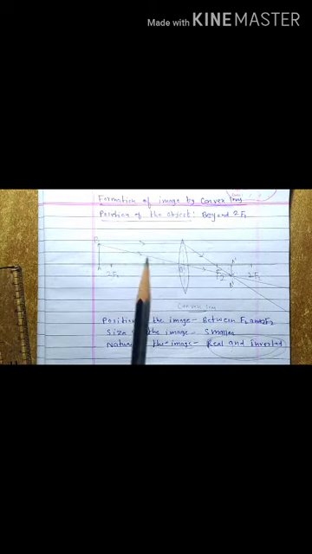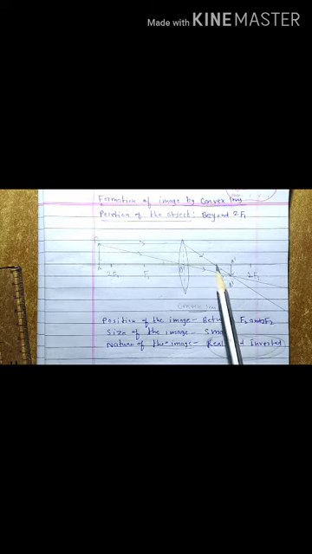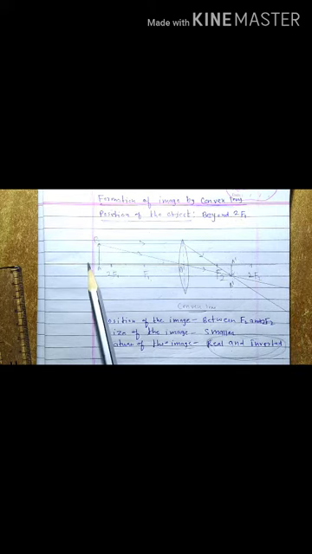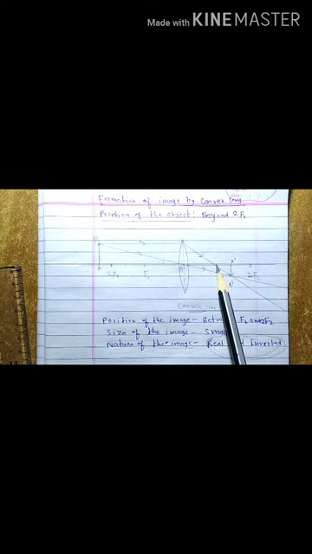So the first position is when the object is at infinity, the image will be formed at f2. You have to shift the image this side.